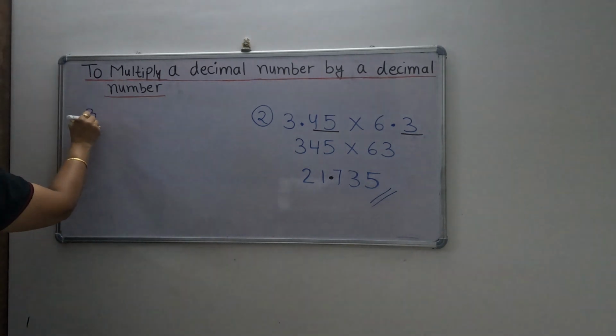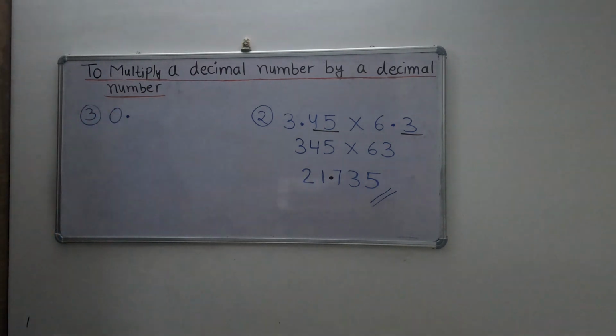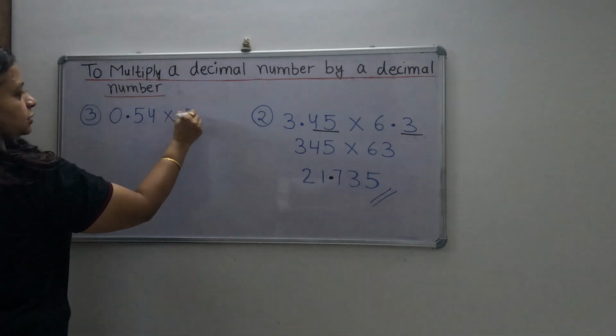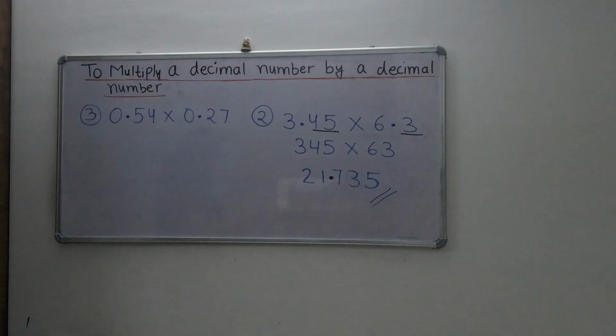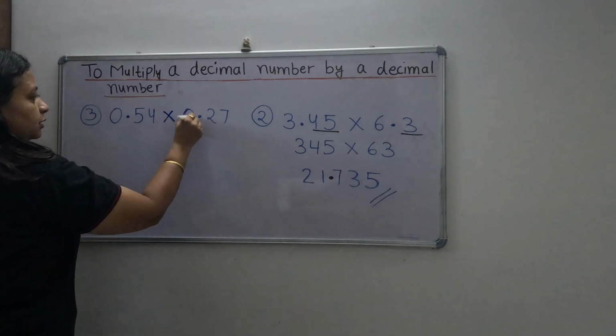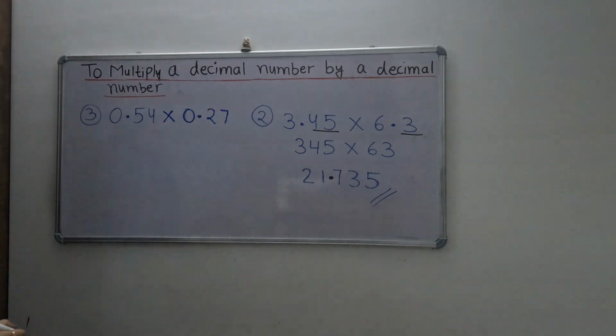If your question is 0 point something, 0.54 times 0.27, then same, ignore the decimal point and multiply the numbers.